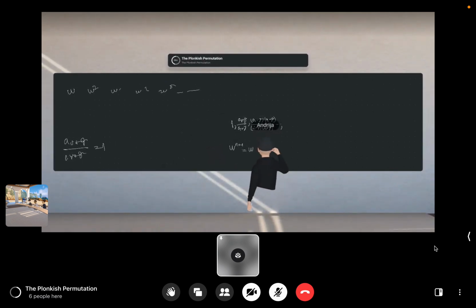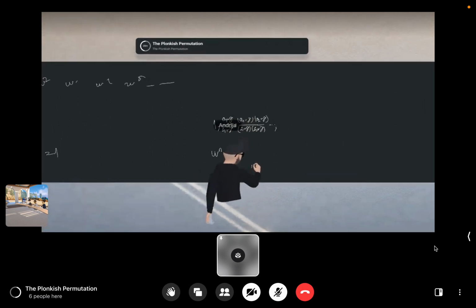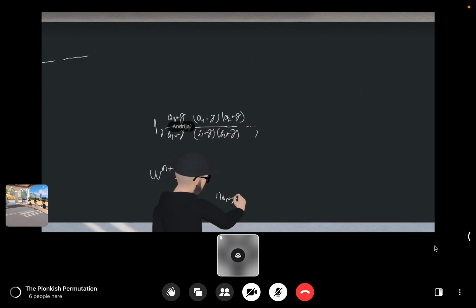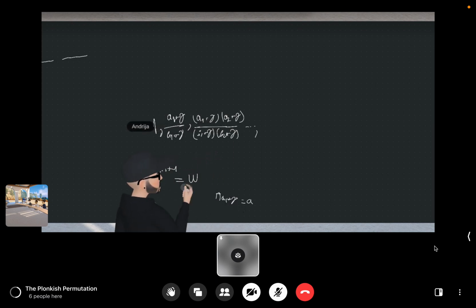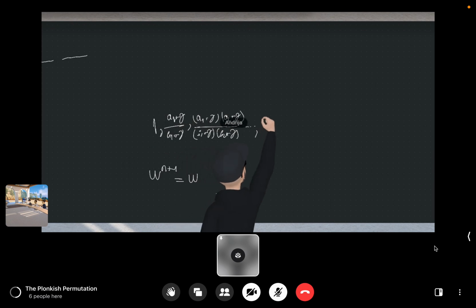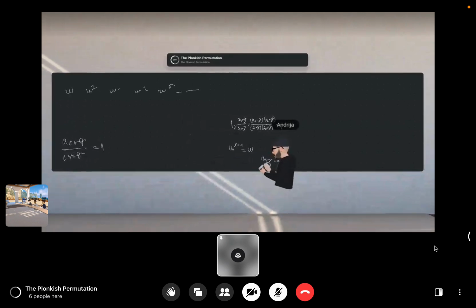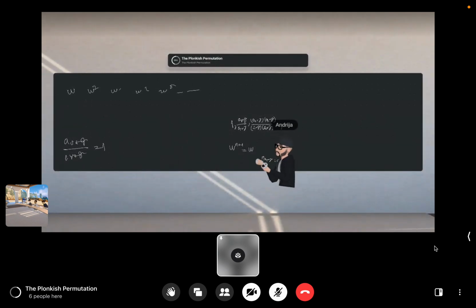So instead of having the whole array here, the last element, let's say that the full product of all (a_i + gamma), we call it A. Same for B. Hope you see that. So our last product will not be 1, as we expect, but A over B. So we are going to make things such that only if A over B is 1 do they stay, but we will not encode A over B in this polynomial.